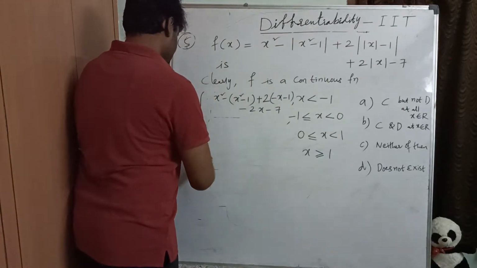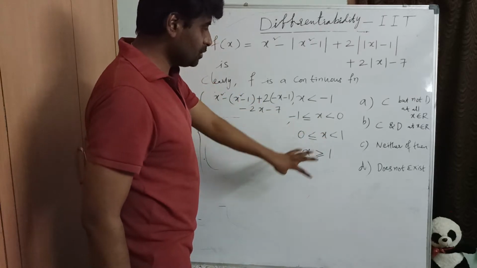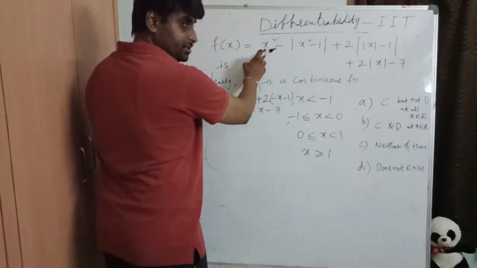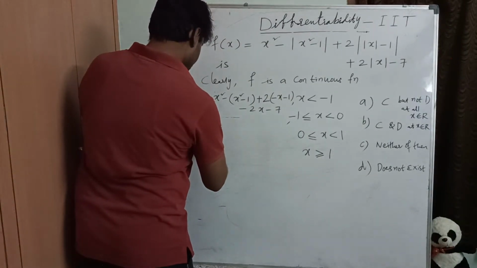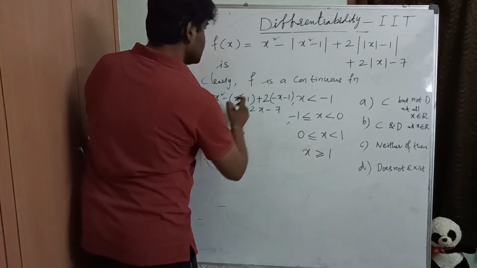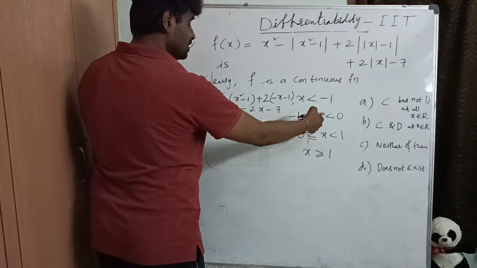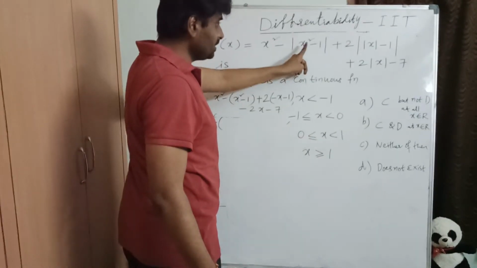Now for -1 to 0, it means minus 0 point something. There is no change in this square. Anything square is positive only. So what can I write? x square minus, and this one I write reversed because minus 0 point something is 0 point something, and 0 point something minus 1 is negative.